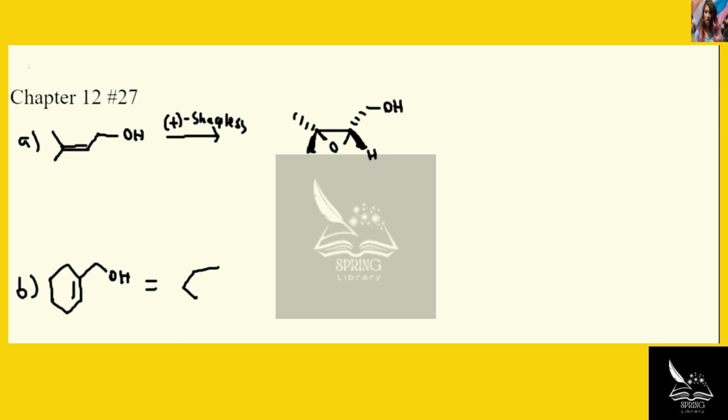That's going to look like this, with our carbon-carbon double bond horizontal and our allylic alcohol to the top right. So there we go. And for B, we are told to use the minus Sharpless.